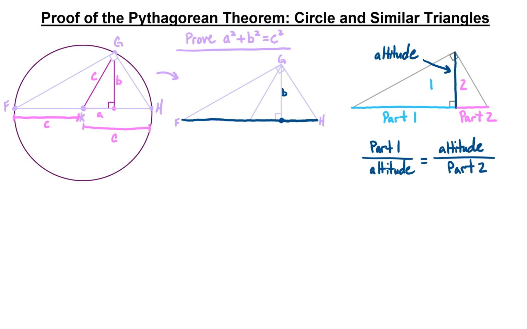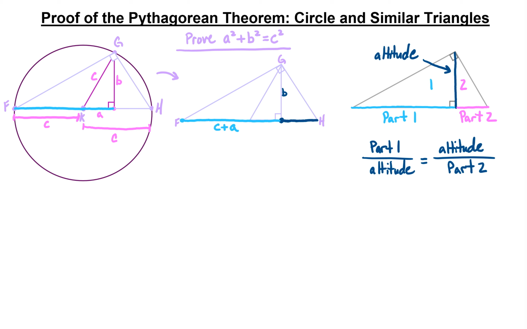So if we want the length from F to the end of a, then that is going to be the radius c plus a. So that would correspond to this part over here.